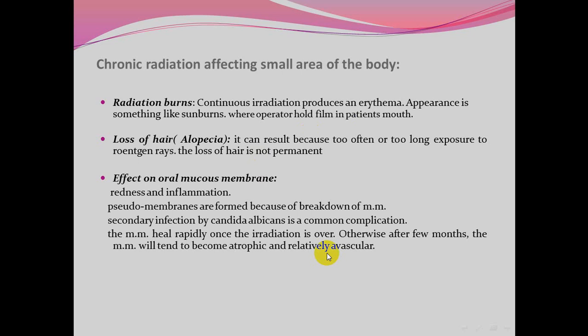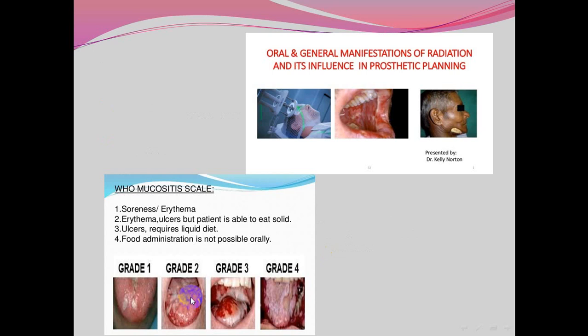Here it shows the grades of soreness and ulceration which we may see with patients undergoing cancer treatment. In grade 1 we see only erythema, and then the ulcer may be found and the ulcer becomes worse. Finally it looks like this.